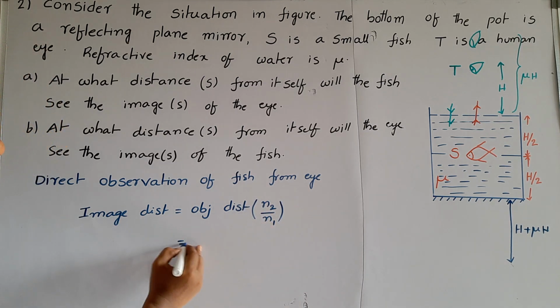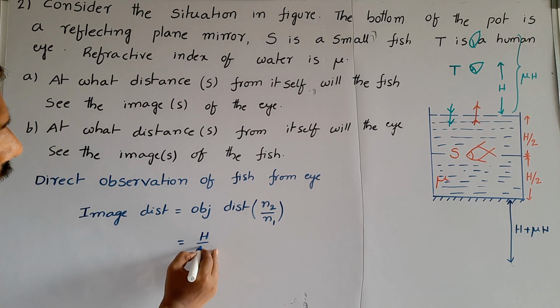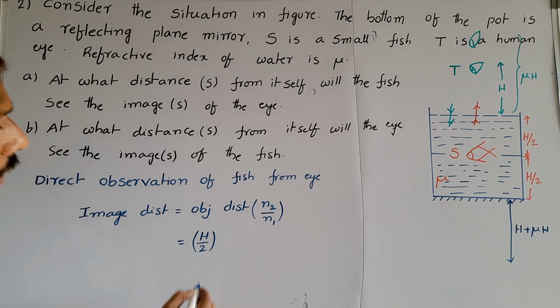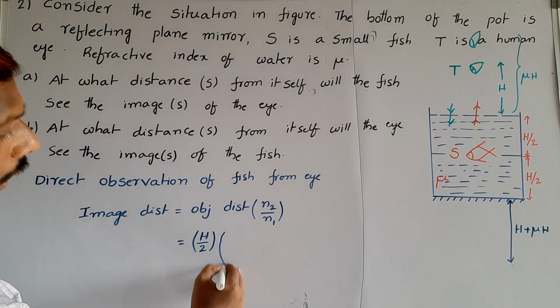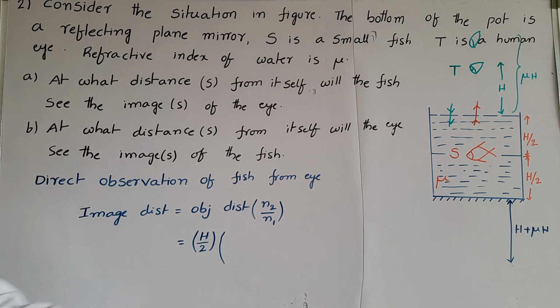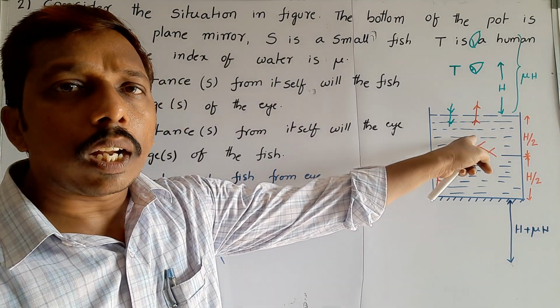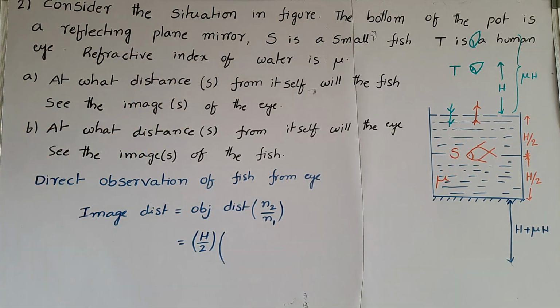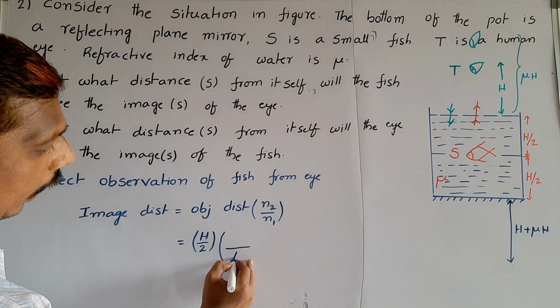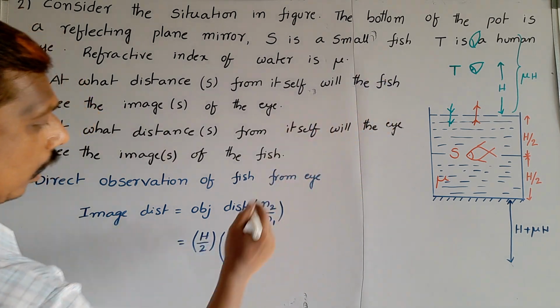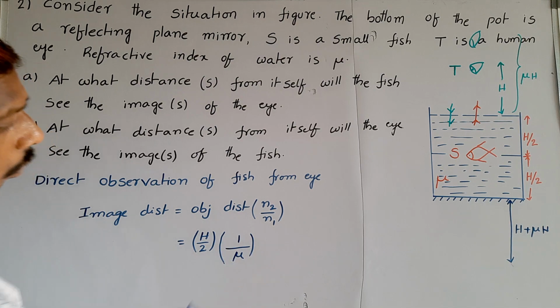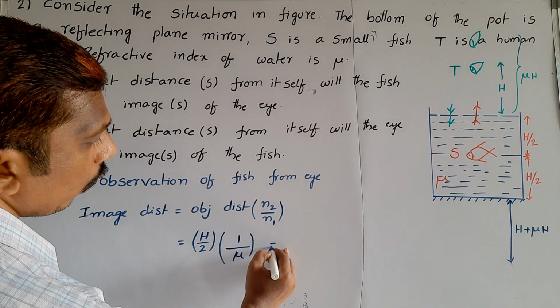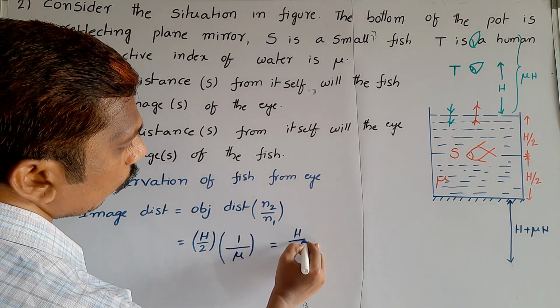Here the object distance is h by 2 from the surface of the water. n1 is where the light first travels, in water, so the refractive index of water is mu. Next it enters into air, refractive index of air is 1, so this is equal to h by 2 mu.